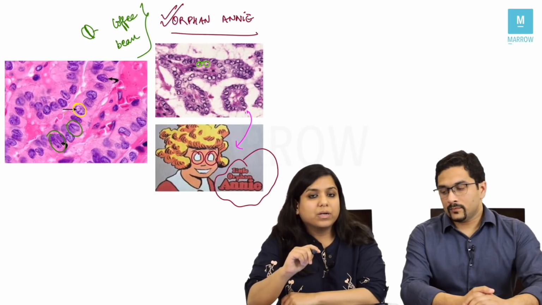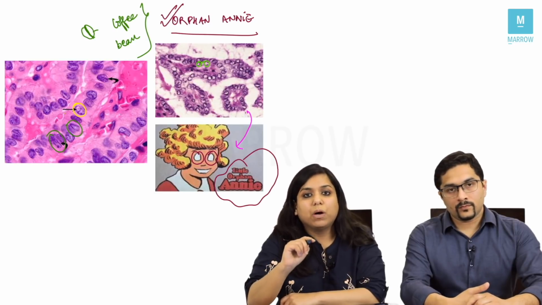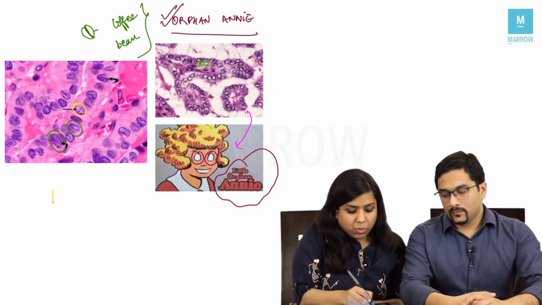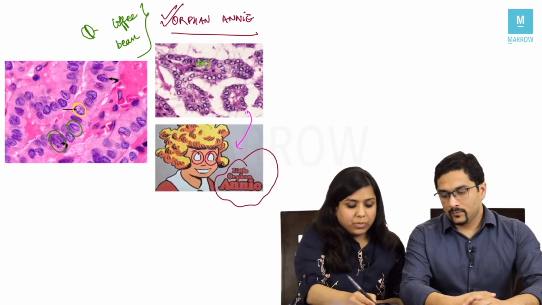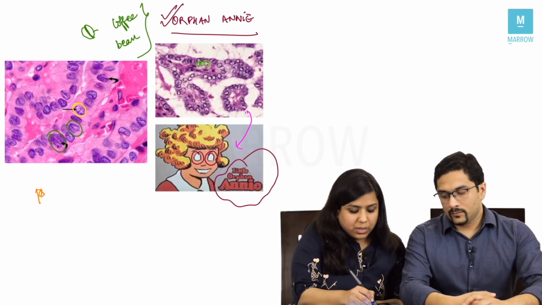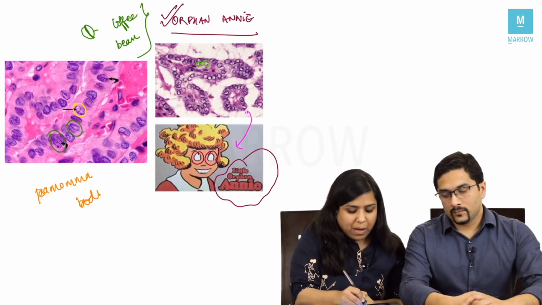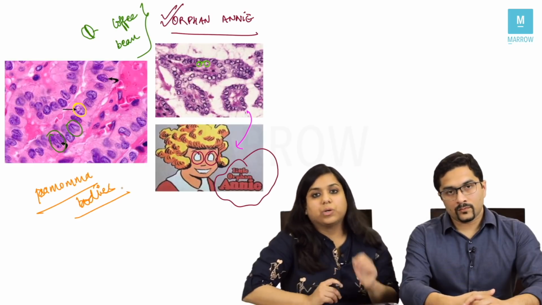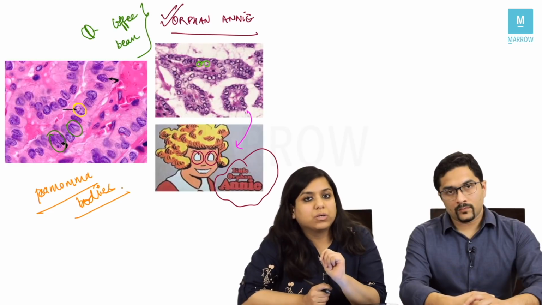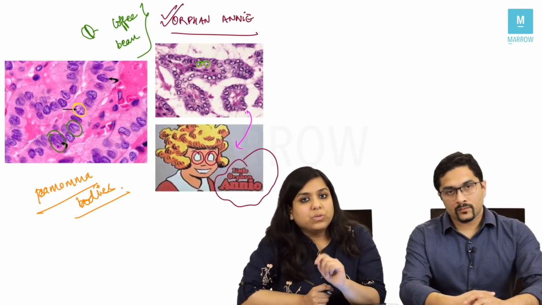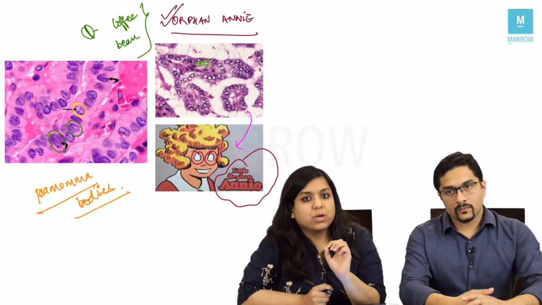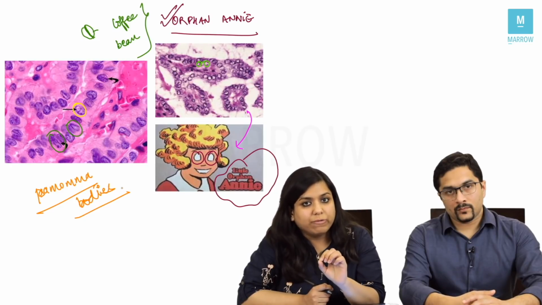Another important point is the presence of psammoma bodies. The pathologist also looks for something which is called psammoma bodies. They are also a characteristic feature of a case of papillary carcinoma of thyroid. So 5 histopathological features. Remember, students, nuclear features are a hallmark of papillary carcinoma of thyroid.